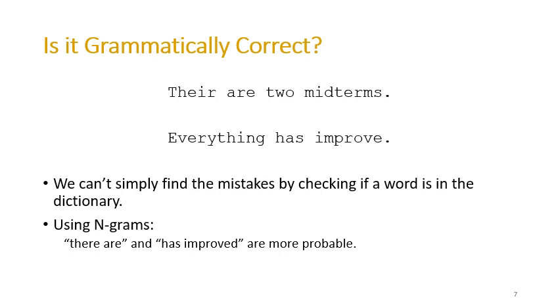So using n-grams, you might see that there are is more probable than there is. And then you might also use n-grams to say that the pair of words has improved is actually much more likely to occur than the pair of words saying that has improve without D at the end.